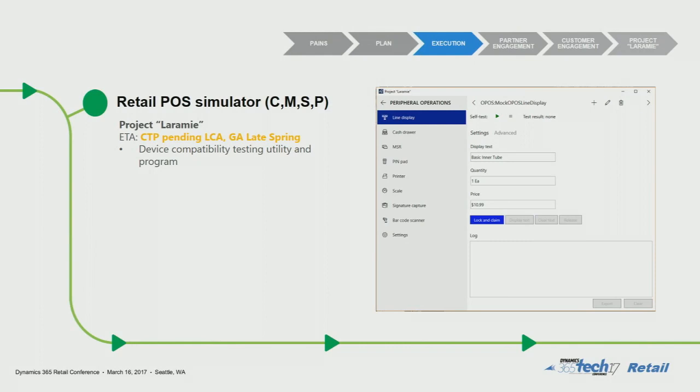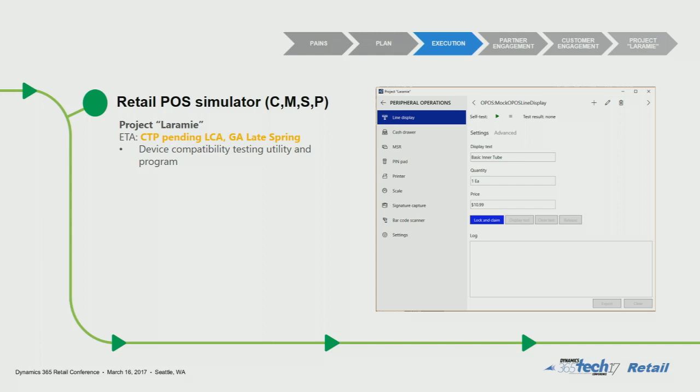Okay, so also part of our execution is we created a retail point of sale simulator. I'll talk more about that later. That's Project Laramie, so I won't get too into it. There's a whole section for it, but that CTP is pending, and the CTP is mostly geared at hardware manufacturers or peripheral manufacturers, and we'll GA later this spring.